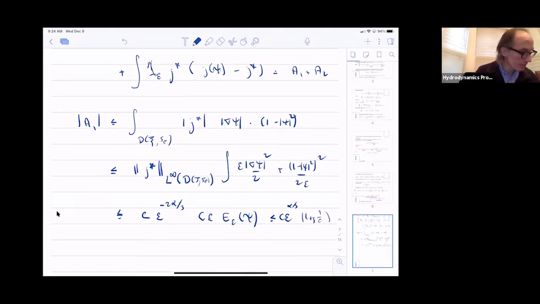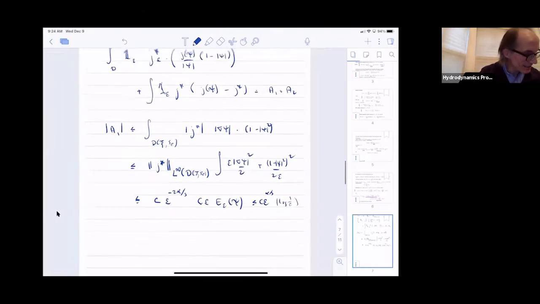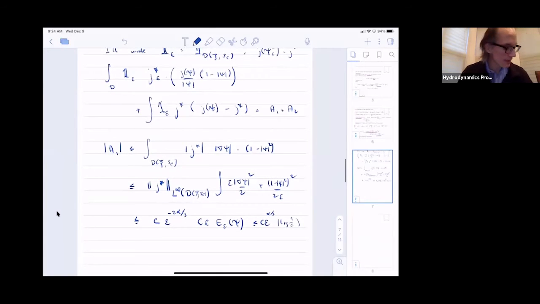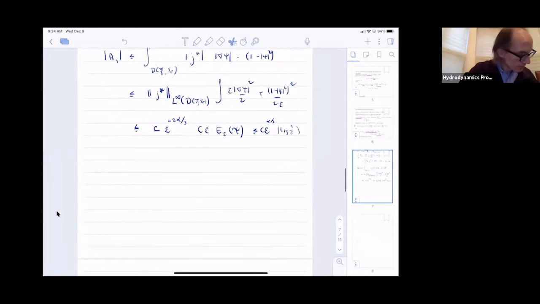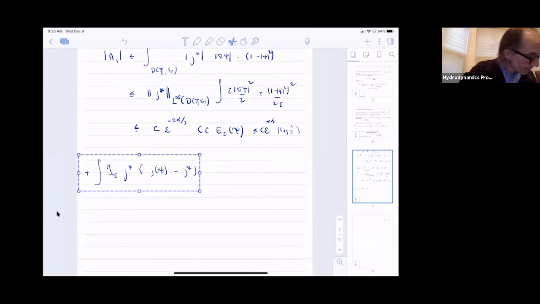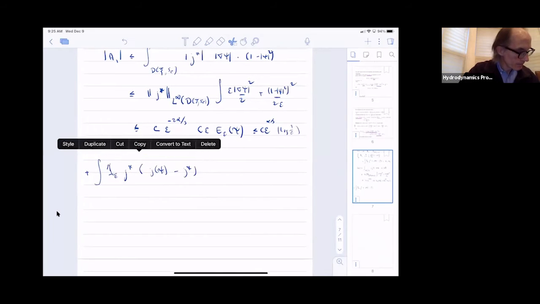Let's look at the other term. And this is the interesting term. Here it is. Let's copy it. Okay, I'm afraid I can't erase this.